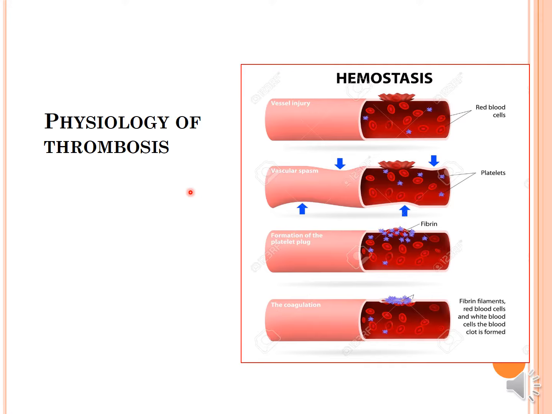These responses will include vascular spasm as well as recruitment and activation of certain constituents of the blood like platelets and fibrin in order to form the platelet plug that will close the vascular wall defect.